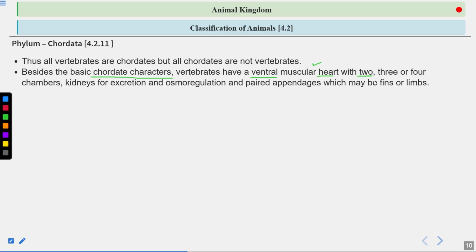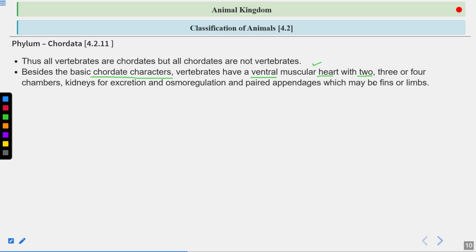Amphibians have a 3-chambered heart. Even the reptiles possess a 3-chambered heart, but one reptile, the crocodile, has a 4-chambered heart. What about birds and mammals? They have a 4-chambered heart.